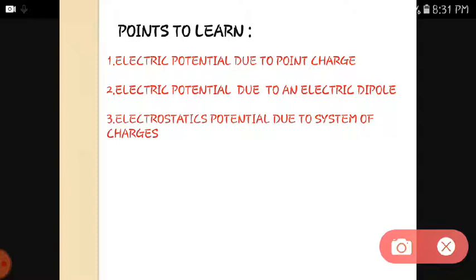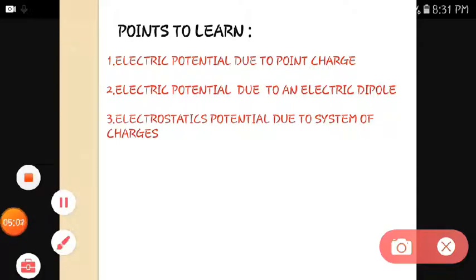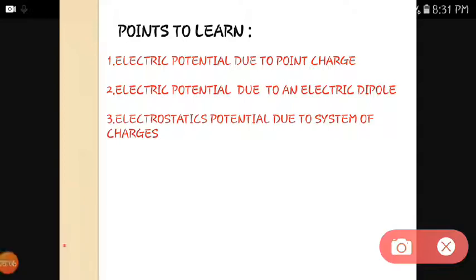Okay, so let's move on. I am hoping that you are very calm and concentrated towards the lecture. The points we are going to see: first is electric potential due to a point charge, where we calculate the potential at a point.